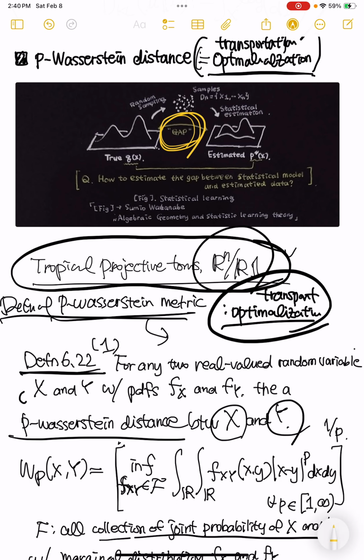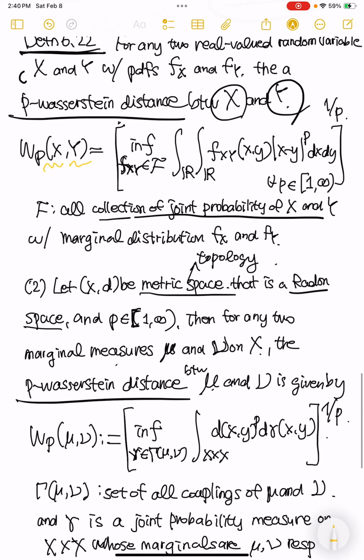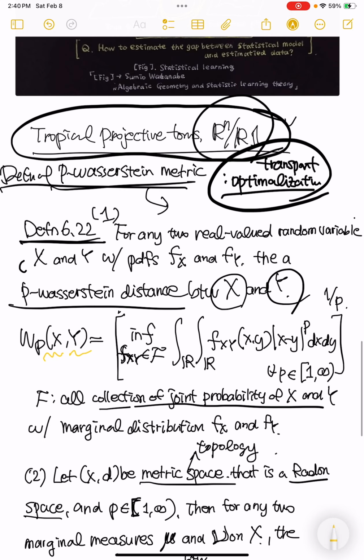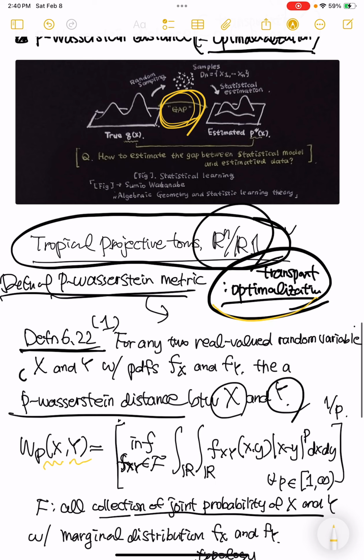I understand that this is the gap between two probability densities or two probability measures, but it's so abstract. By introducing the tropical projective torus, I'll explain why this is a reasonable definition as an optimization, a transport optimization.